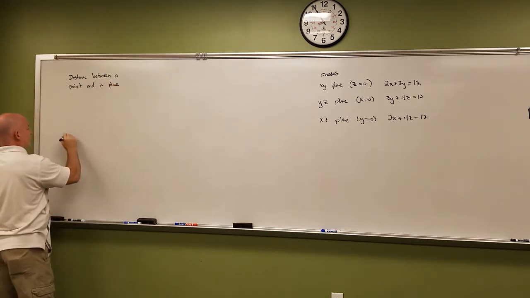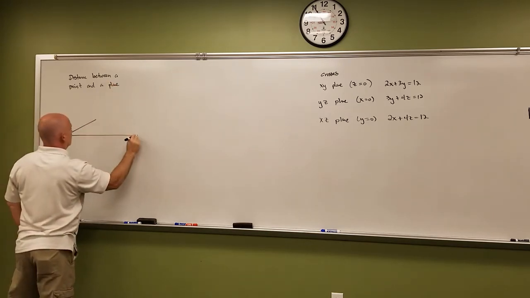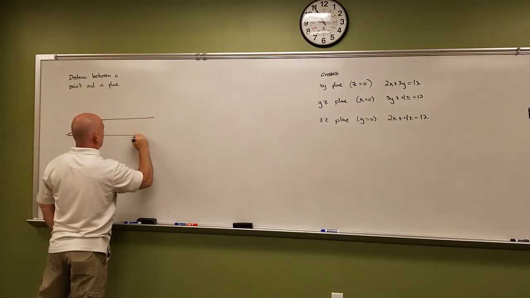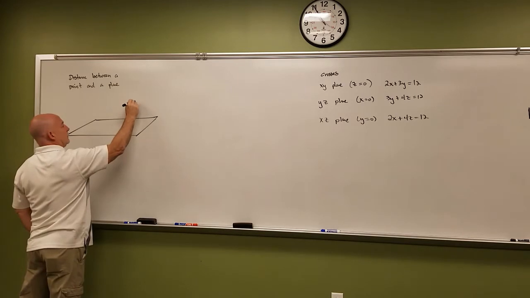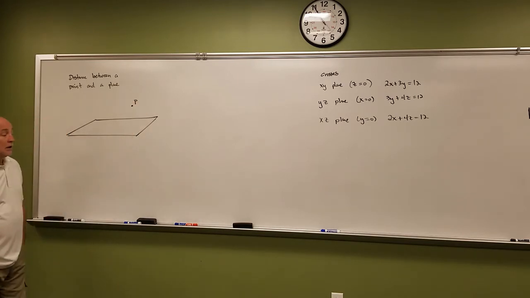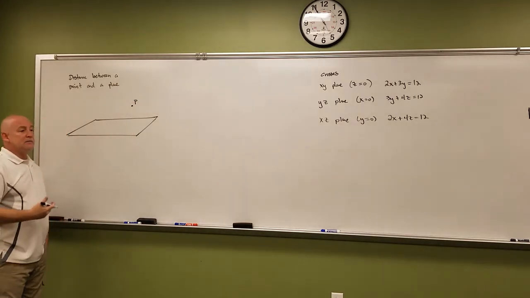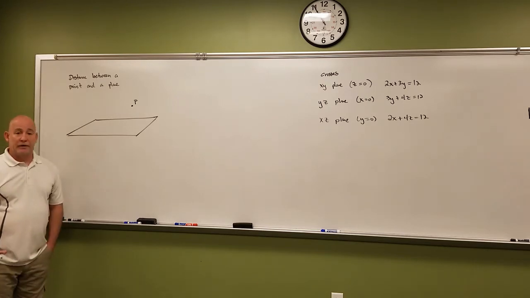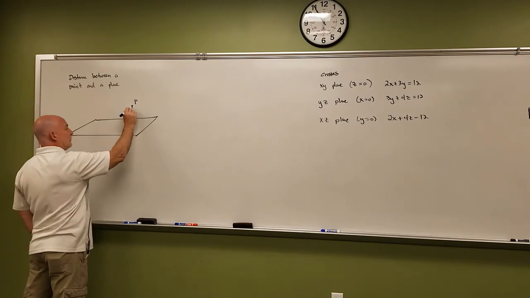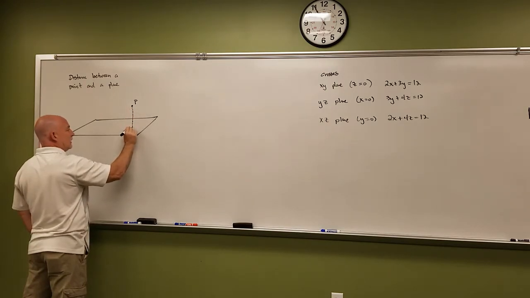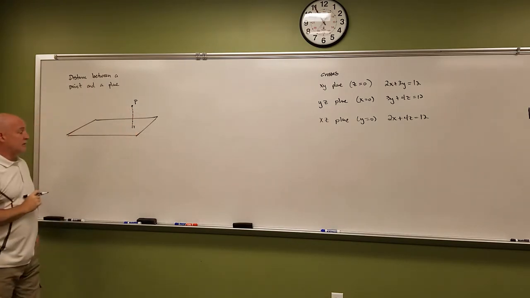All right, let's start with a picture here real quick. So let's say that that's our plane, and we have some point out here, for fun, let's just call it P. Now, first off, what in the world do we actually mean by the distance between a point and a plane? Well, if you were to draw a line from the point down to the plane, and it's perpendicular, that's what we mean by the distance.